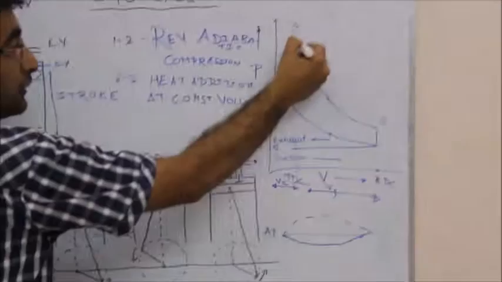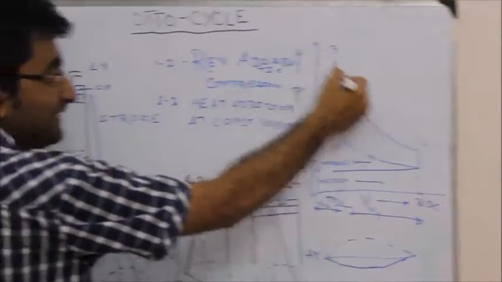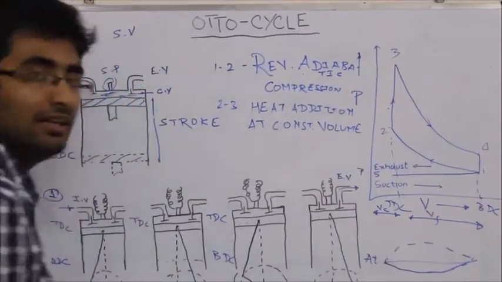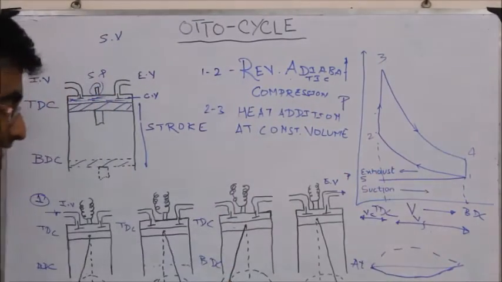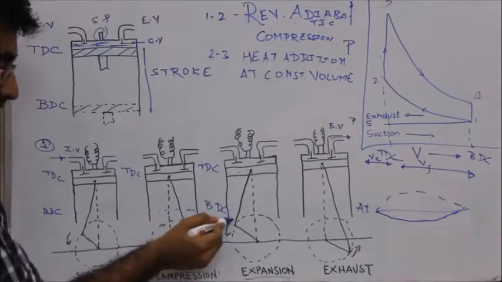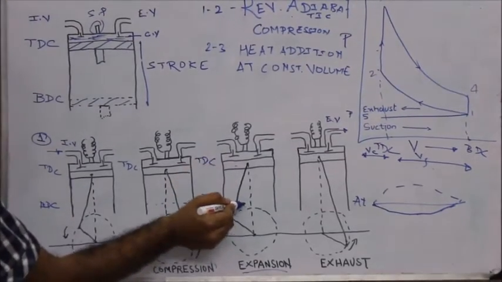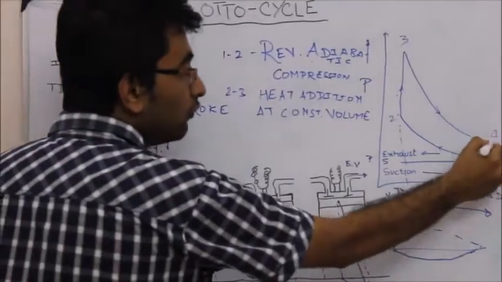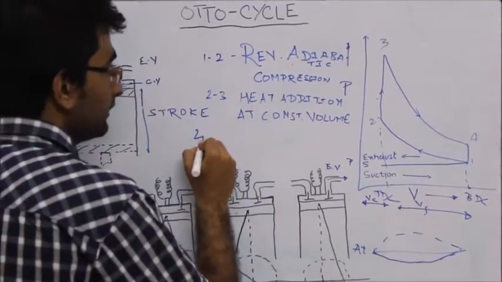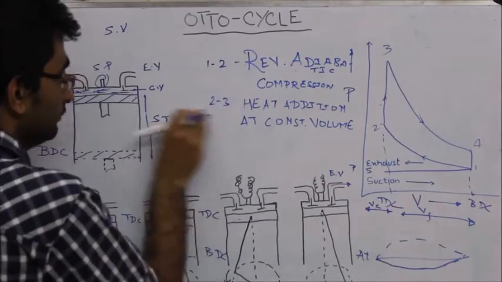You can see from 3 to 4, the piston moves from TDC to BDC, and there is expansion. The pressure decreases and the volume increases. When the crank rotates, there is an increase in the volume. Now 4 to 1 is, let me make 3 to 4.